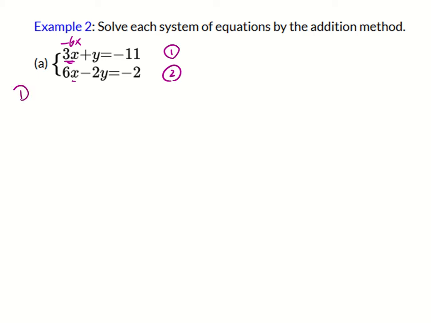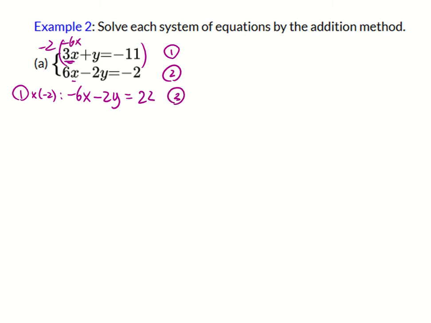So I will do equation 1 times negative 2. So every term will be multiplied by negative 2. So first term, that's negative 6x. Negative 2 times y is negative 2y, equals negative 2 times negative 11 is positive 22. Call this equation 3.